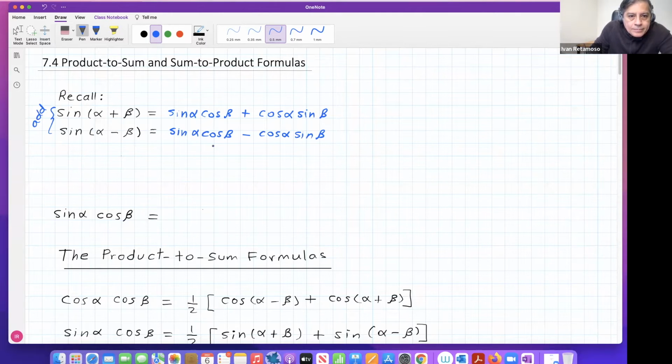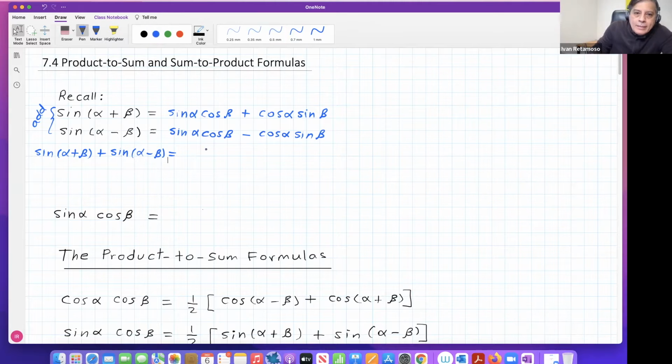Adding these two, on the left side of the equation I will get sine of alpha plus beta plus sine of alpha minus beta. On the right side, these two terms will cancel and I will get the sum of these two components, which are the same.